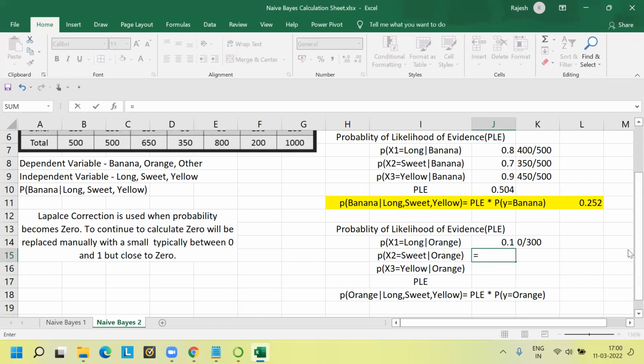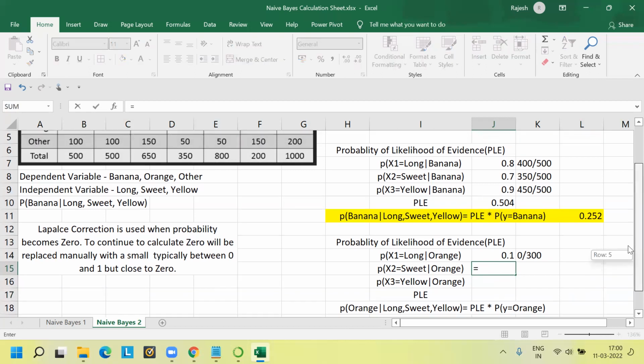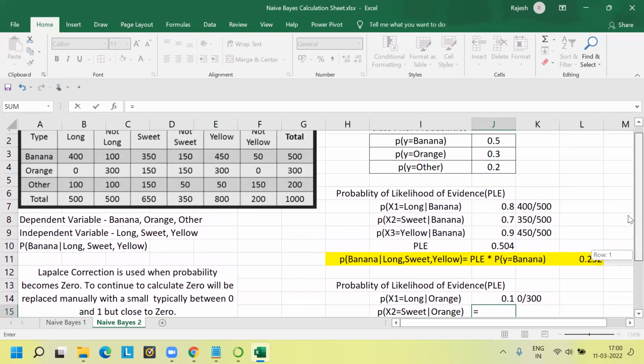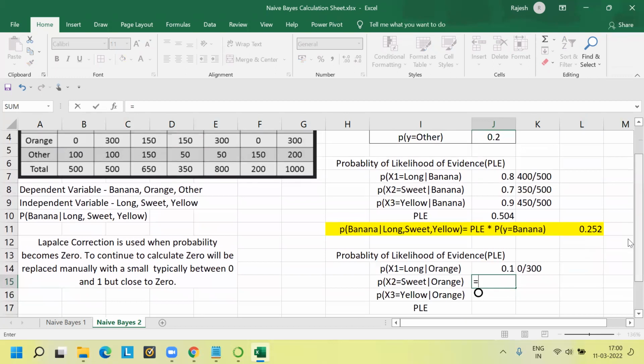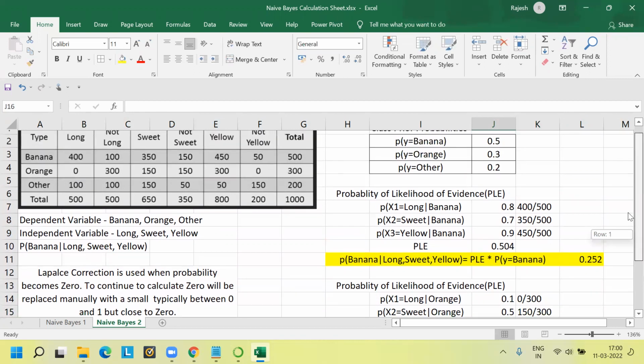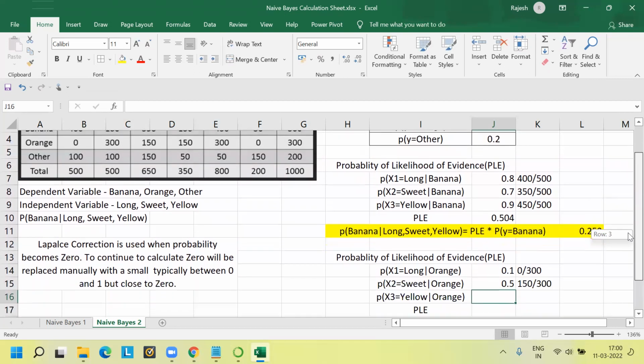Sweet and orange, 150 by 300. Yellow and orange, 300 by 300, right?